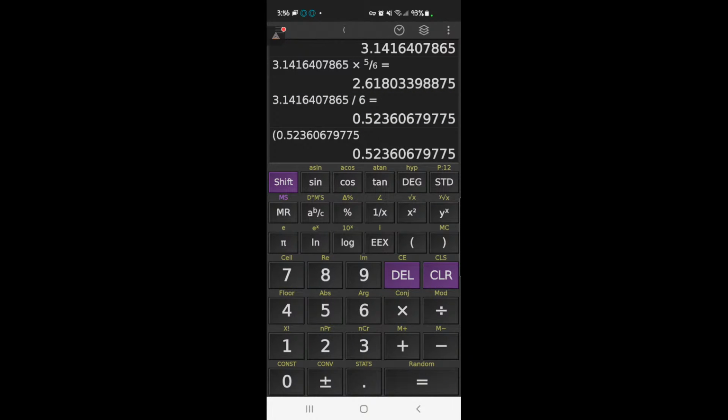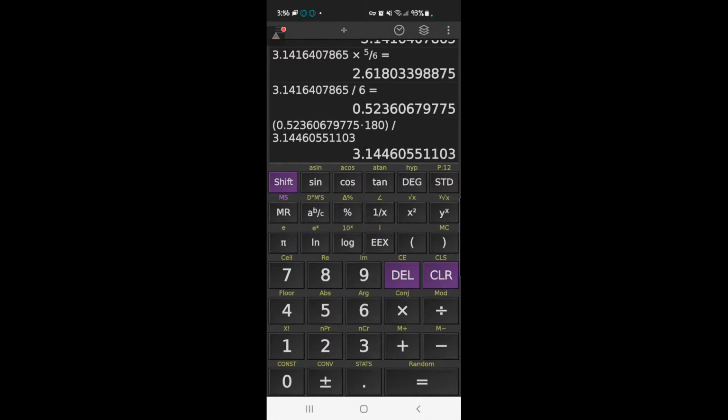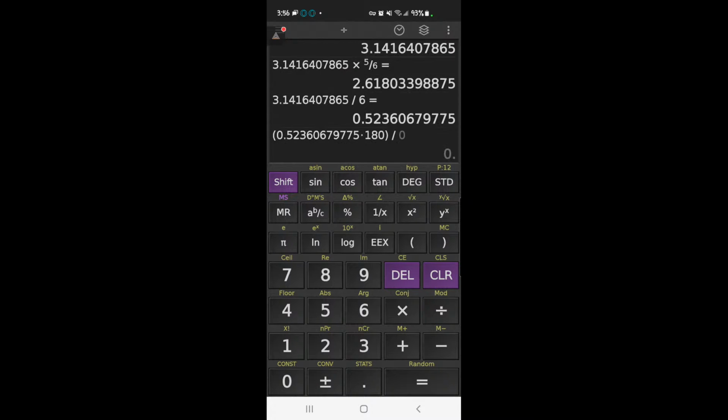But that part is a little bit tricky, because if you do that multiplied by 180, and then if I were to divide it by that pi instead of the other pi, it will not give you 30 degrees. In order for it to be 30 degrees again, it needs to be the exact pi on both sides.